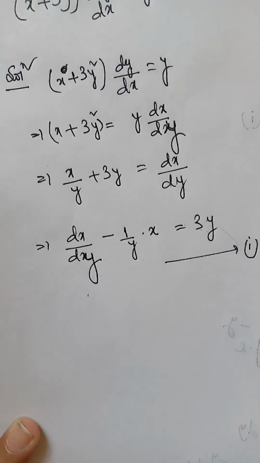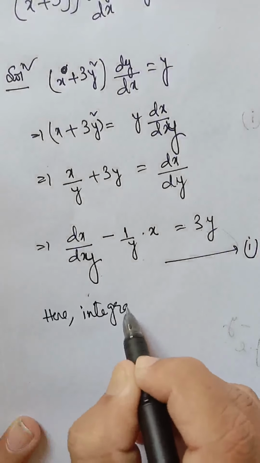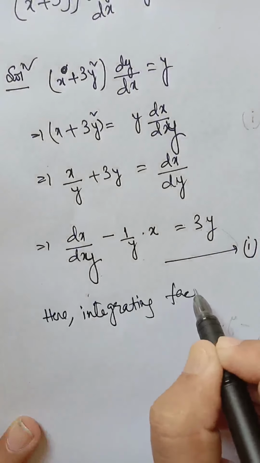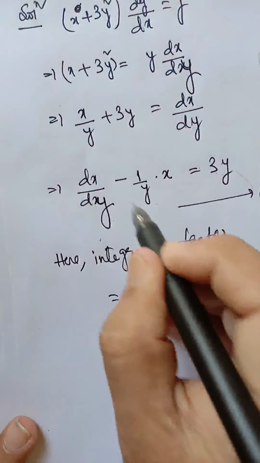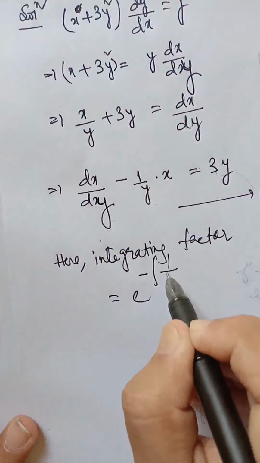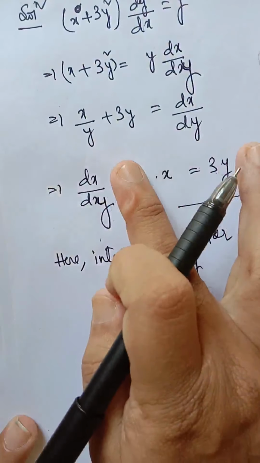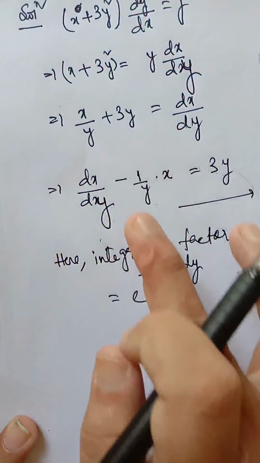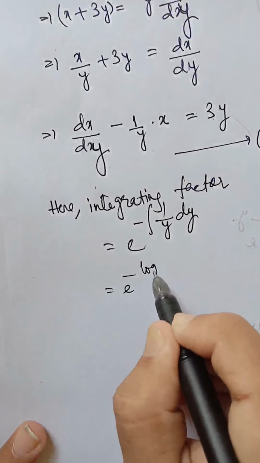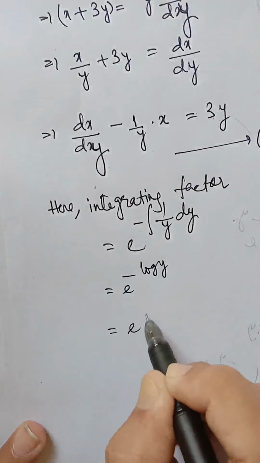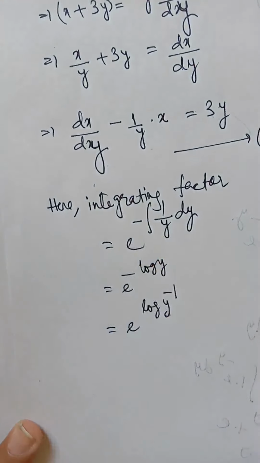So here the integrating factor is e to the power integration of p, that is e to the power integration of minus 1 by y dy, so this is e to the power minus log y, so this is e to the power log of y to the power minus 1, using the property.